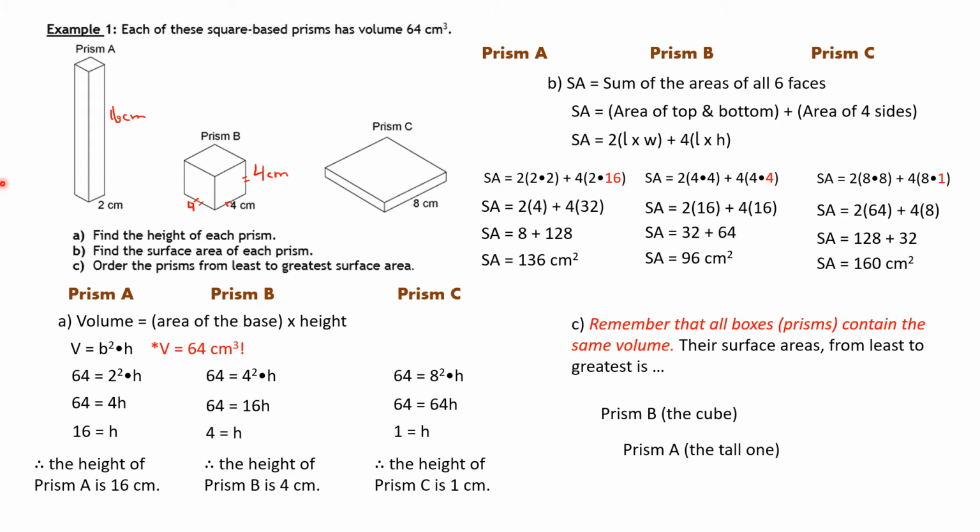The next smallest one was a tall one, was 136, this one right here, so that was the next one. And the one that had the most surface area, that would cost me the most to use, would be the flat one. So you would never see anything quite flat like this. But somewhere in between is what we see most often.